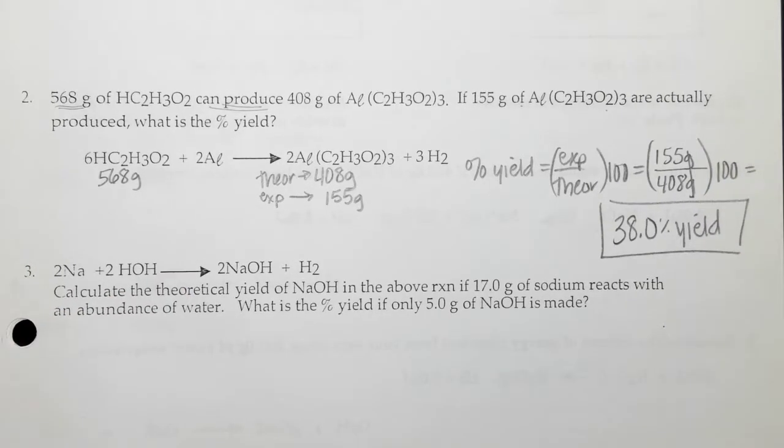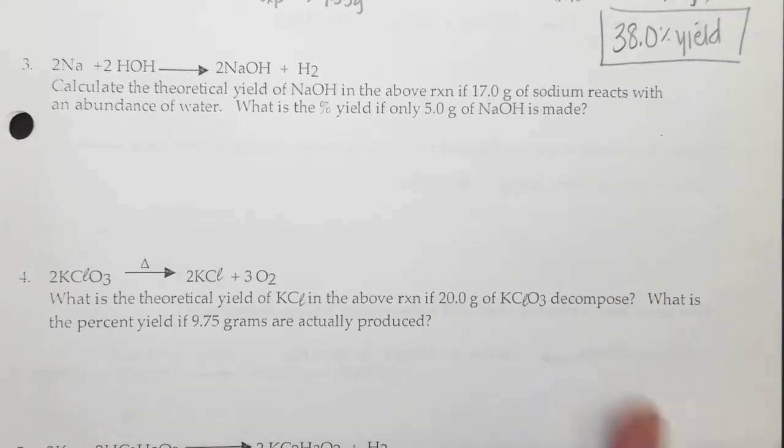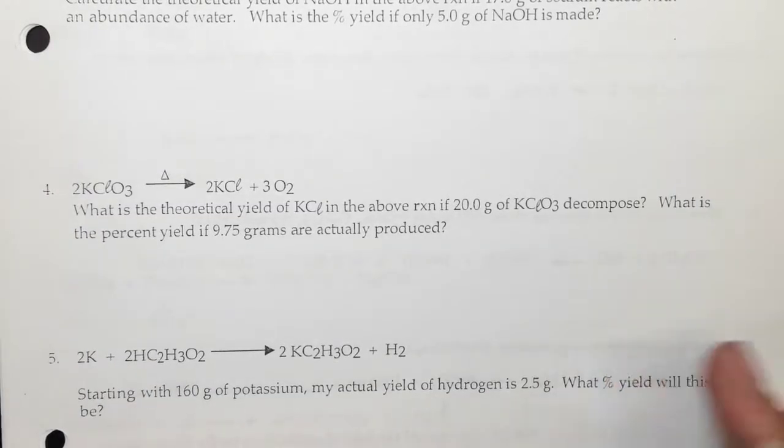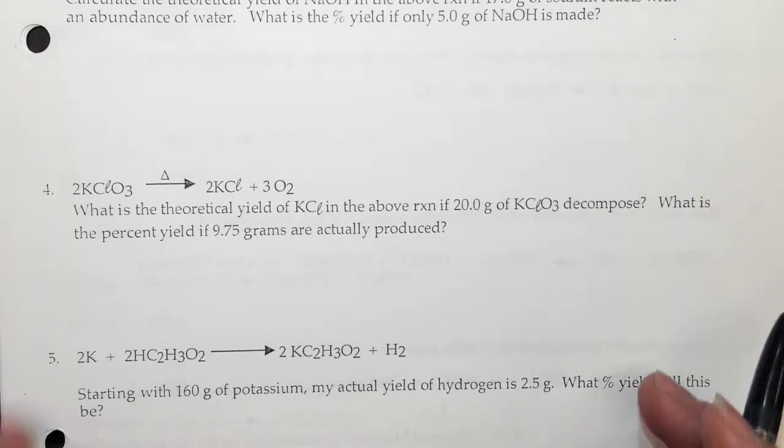But if we look at 3, 4, and 5, they look a little bit different. So let's jump down to number 4. I have potassium chlorate, KClO3, decomposing to form potassium chloride and oxygen gas.